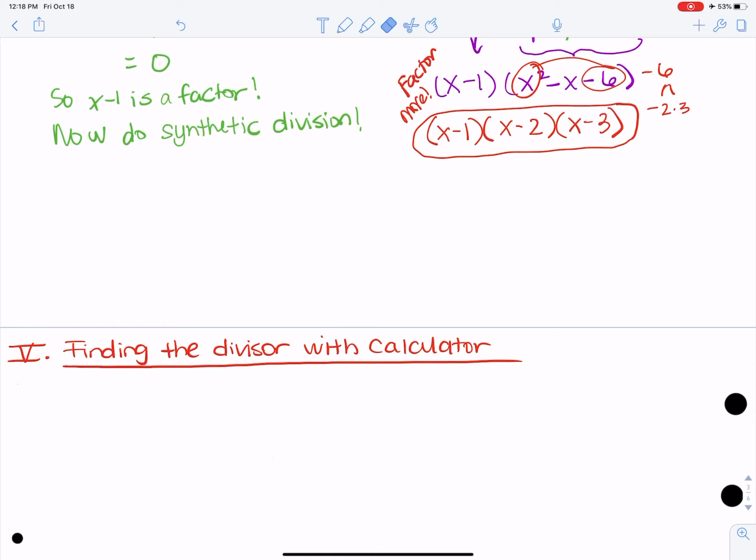So technically you have a calculator only to figure out what you're going to divide by. Other than that, you have to do all the things, and you can use the calculator to verify, but you have to show me all the things.